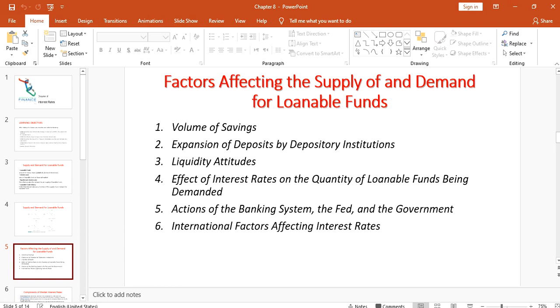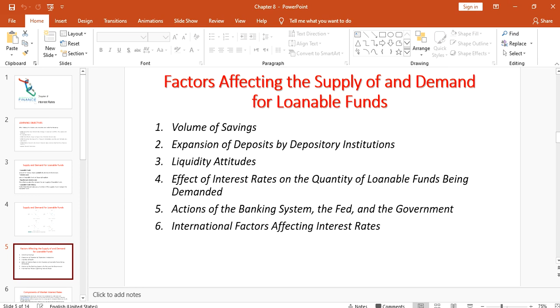Expansion of deposits by depository institutions. Whenever we talk about depository institutions, just remember the commercial banks.